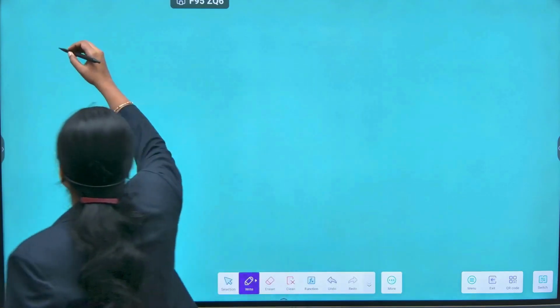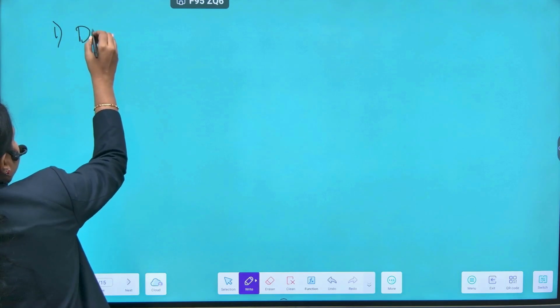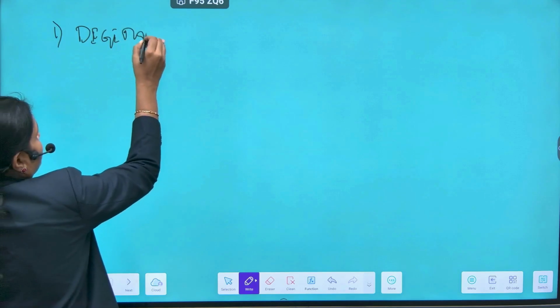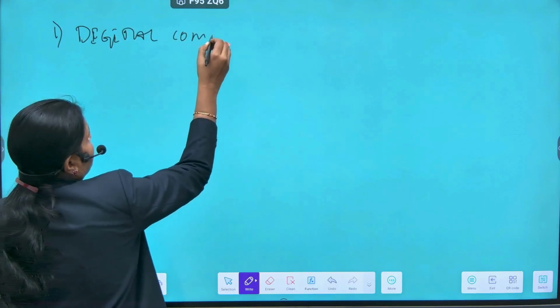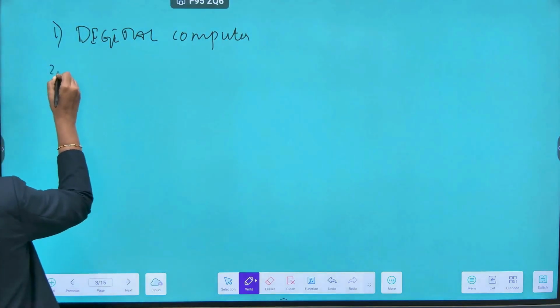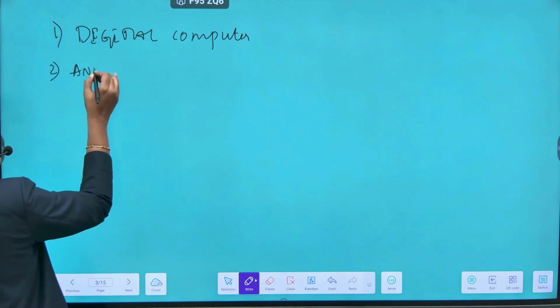So we are going to discuss three topics today. One is digital computer. We are going to discuss analog computer versus digital computer.